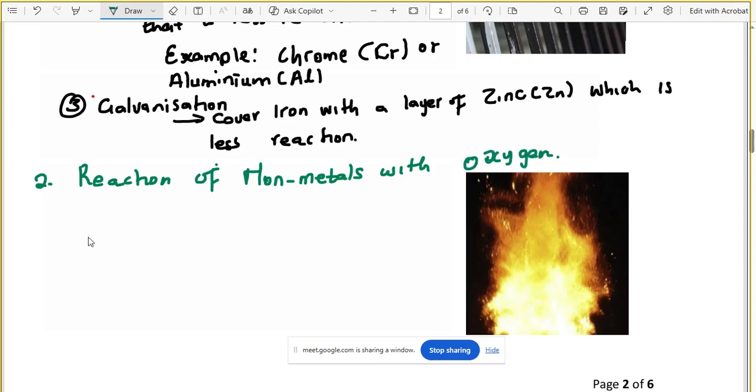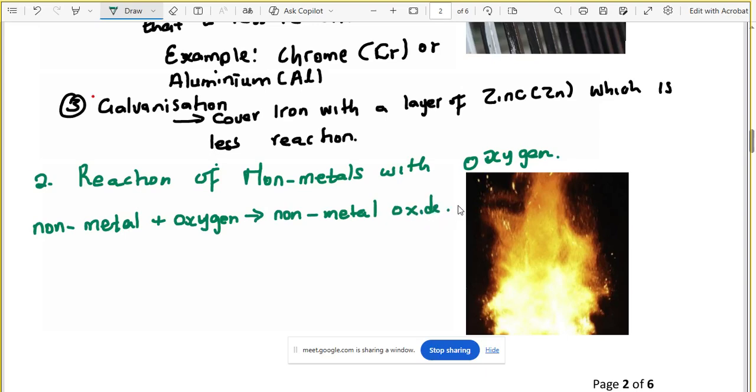Okay, let's start with the common reaction. We're going to take a non-metal. A non-metal will react with oxygen, and they'll give us non-metal oxide.